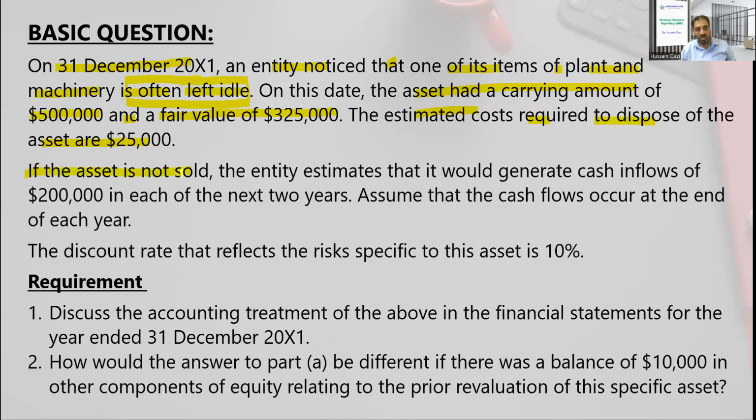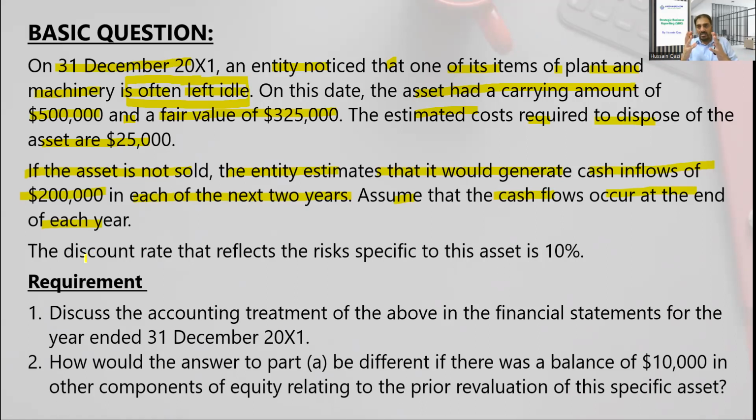If the asset is not sold, the entity estimates that it would generate cash inflows of 200,000 each of the next 2 years, assuming that cash flows occur at the end of each year. So if something indicates impairment, we need to test the impairment. And if the impairment test declares that carrying amount is higher than recoverable amount, we need to book some impairment loss.